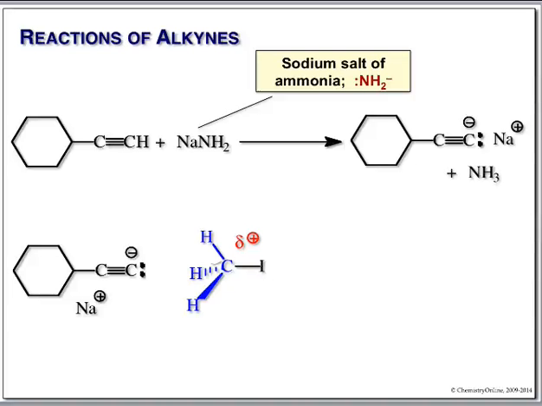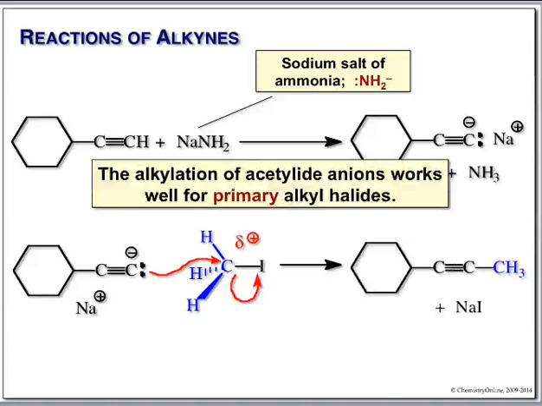This is our electrophile, a polar covalent bond, with partial positive here on this carbon. So the nucleophile is simply going to attack the electrophilic carbon. Iodide leaves. We now just take whatever was attached here and stick it on the end of our alkyne. Very simple substitution reaction.